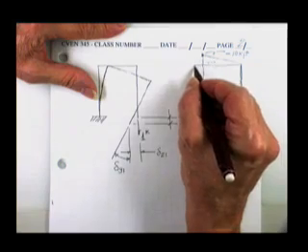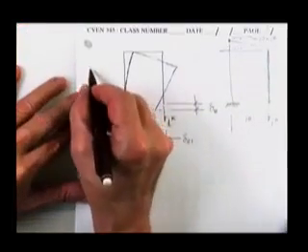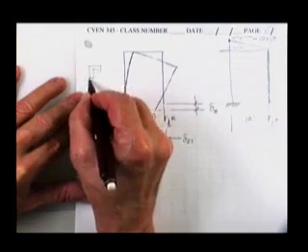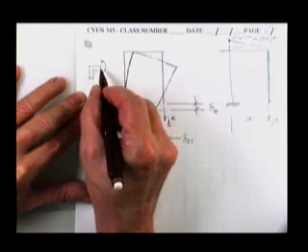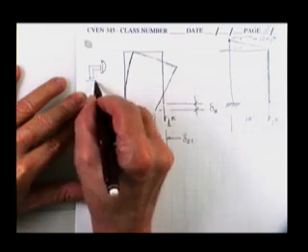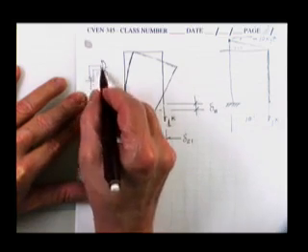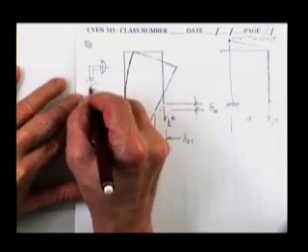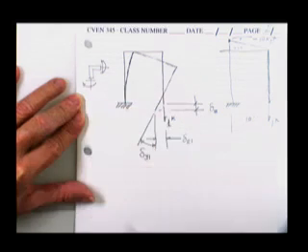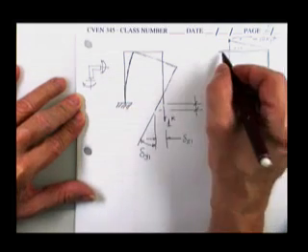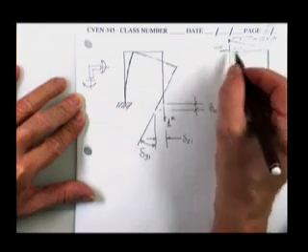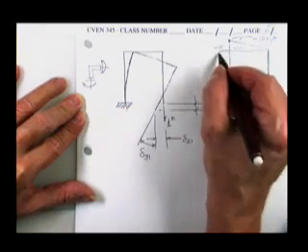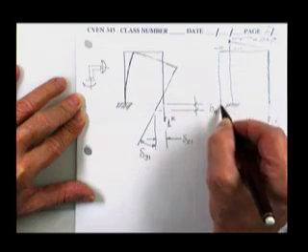When you go around the corner, whatever the moment is here, I don't care how big the shear and the axial forces are, they're too close to the corner to cause any change. The moment that comes out the other side is the same number. Therefore, I plot a minus 10, and it is constant all the way down to the floor.